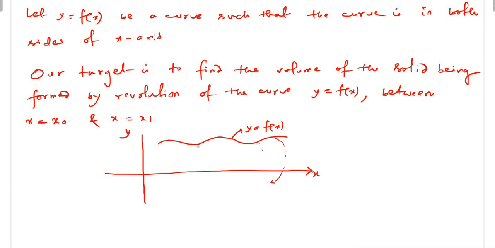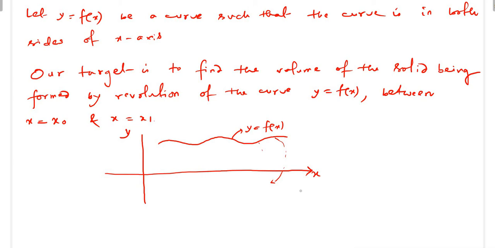Just rotate this curve maintaining the x-axis as a center. You will get a three-dimensional figure, something like a cylinder. If the curve were a straight line, then we would get a cylinder.